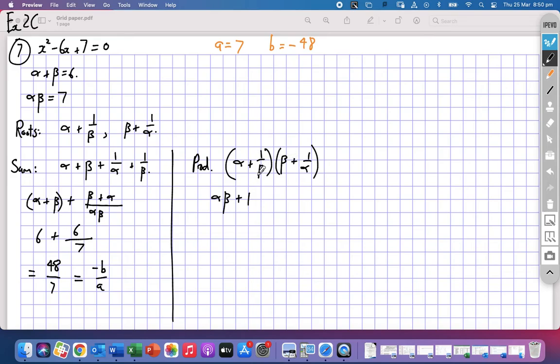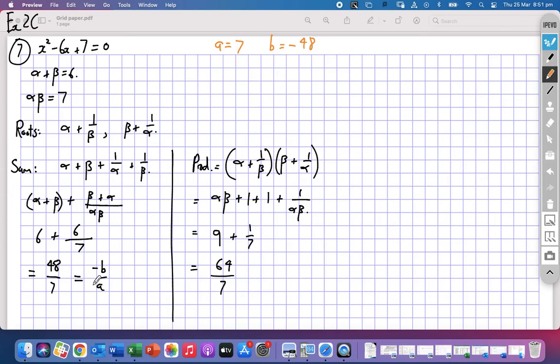That will be beta on beta. That's 1. And then the outside here would be 1 on alpha beta. So I know that alpha beta is 7, right? So I'm going to get 7 plus 1, that's 9, plus 1 on 7. Okay, so that is 64 on 7. And good, the A terms are matching up there.